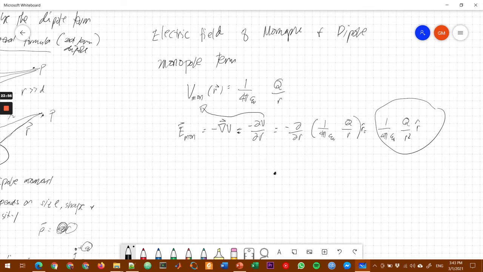Let's say you have a point charge, the orientation is only in the R hat direction, so it will not change direction. It is always radially outwards, with no curvature, straight and divergent.